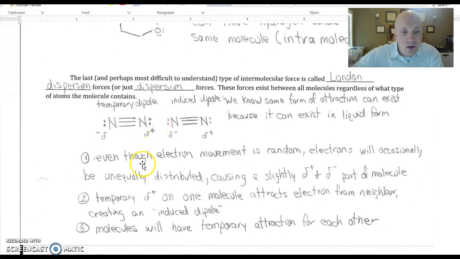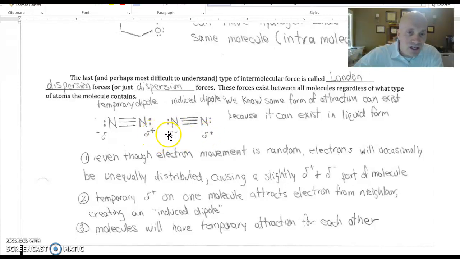All right, so what happens, though, is that if this end of the bond is temporarily delta positive, a neighboring molecule will have the electrons in its bonds slightly attracted towards that temporary delta positive on this molecule right here. And when that pulls the electrons down here, this end becomes temporarily delta negative, and this end delta positive.